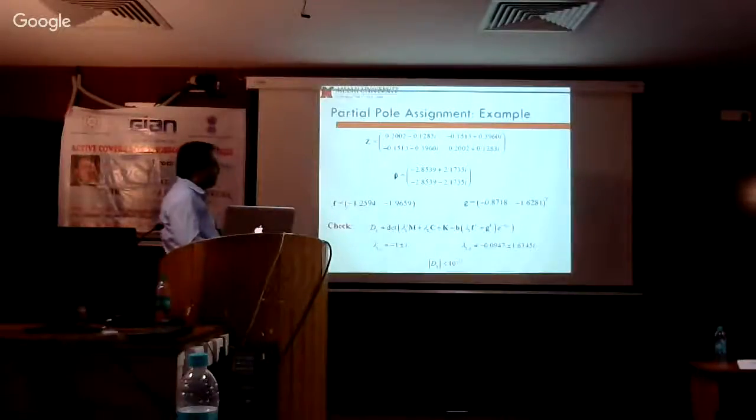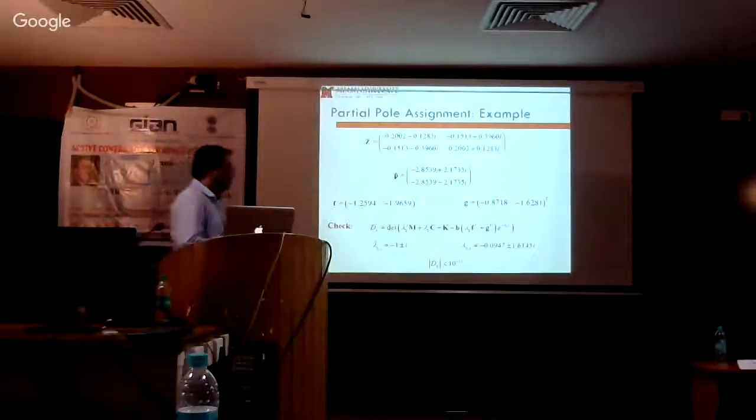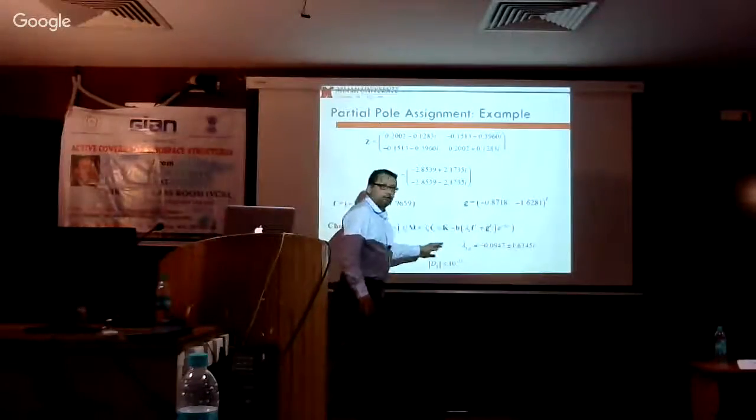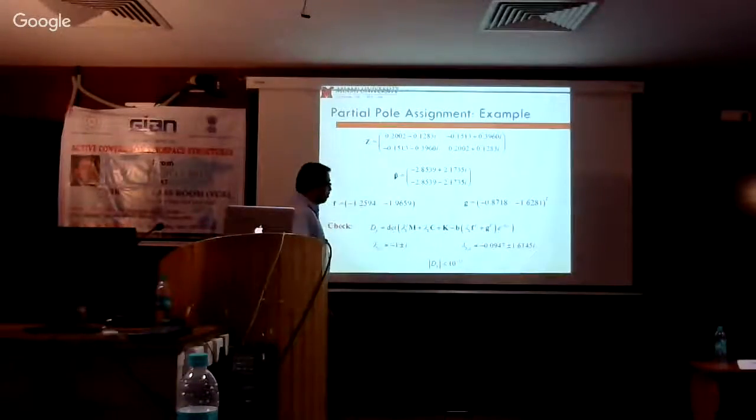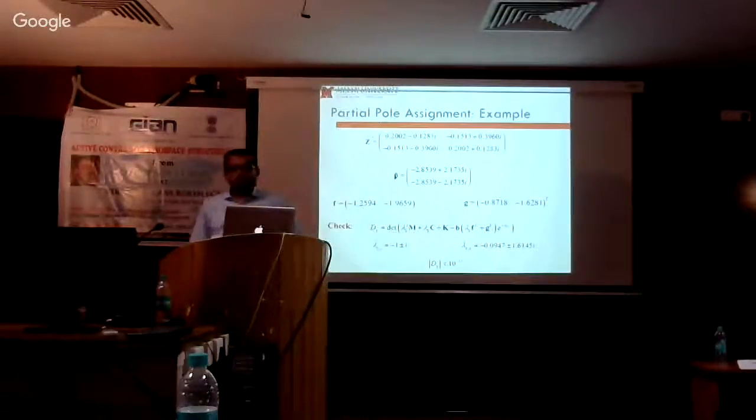So right now we are not doing the stability analysis. We just want to check whether we are able to do the pole placement or not. One way we ensure that is that the determinant goes to 0, so we check to numerical accuracy that it is going to 0.